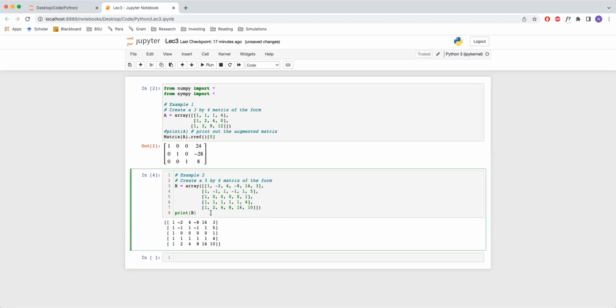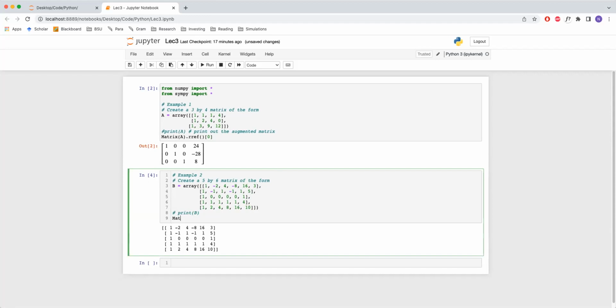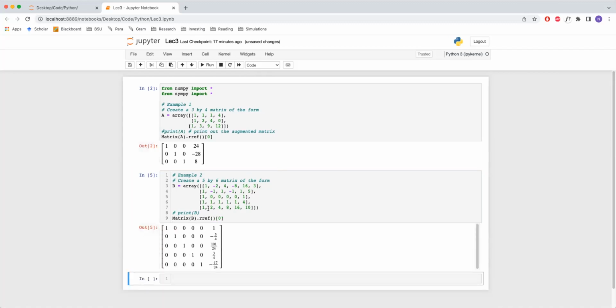Now we need to run the reduced row echelon form command, and just choose the first entry of the output. All right, so this is the reduced row echelon form, and you can see that a0 is equal to 1, a1 is equal to -5/4, a2 is 101/24, a3 is 3/4, and a4 is -17/24.